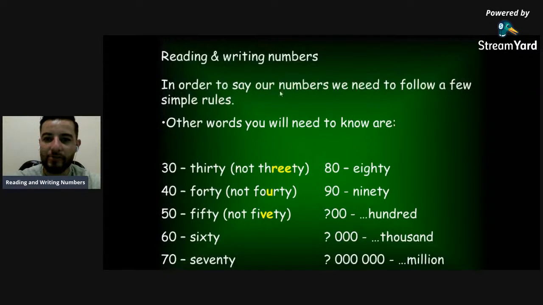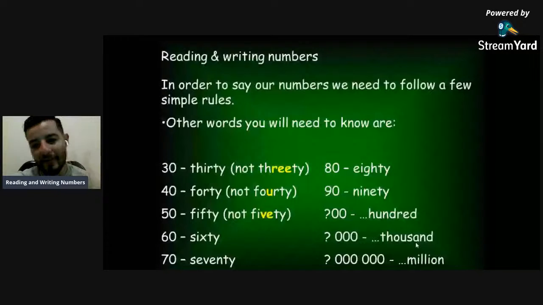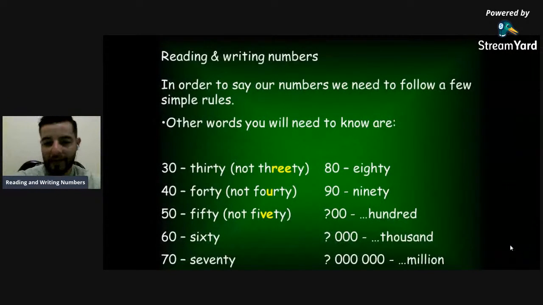Other words you will need to know are thirty, not "three-ty": 30, 40, 50, 60, 70, 80, 90, 100, 200, 300, 1,000, 2,000, 3,000, 1 million, 2 million, 3 million, okay?